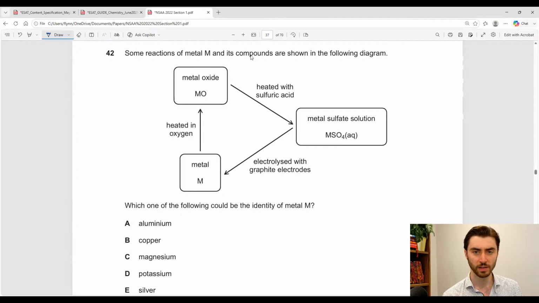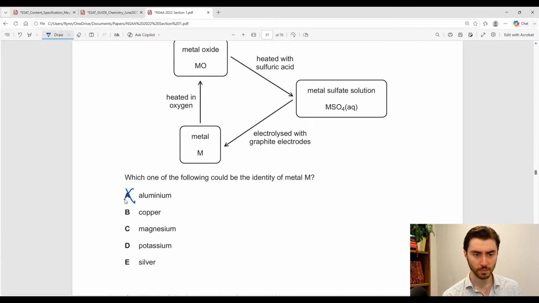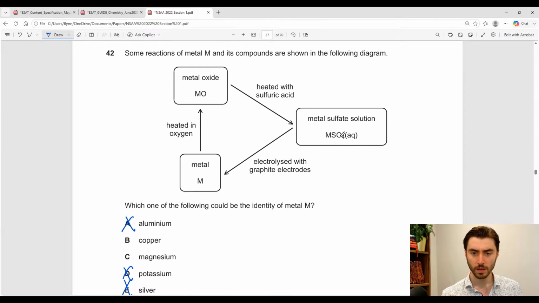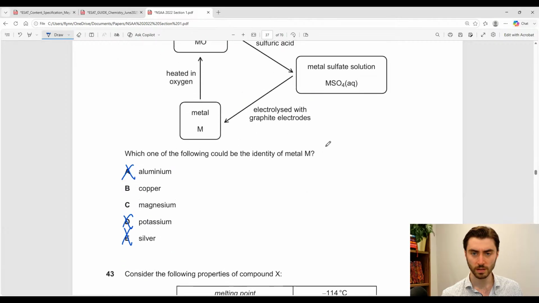Some reactions of metal M and its compounds are shown in the diagram. Heated in oxygen. Okay, so which could be the identity of metal M? Okay, so it's M plus. So it's not aluminum, it's not silver, it's not potassium. Okay. So it's a 2 plus.